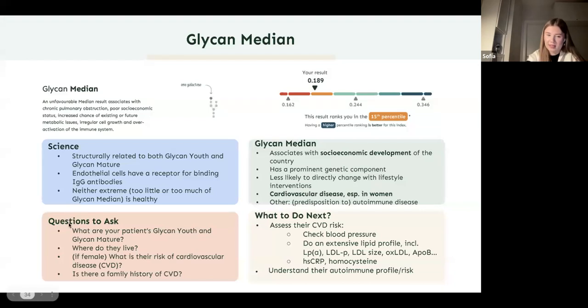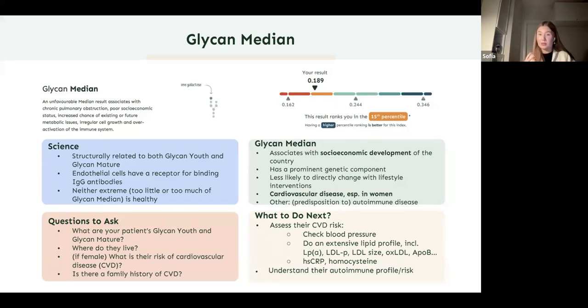The questions we would ask is first, what are your patient's glycan youth and glycan mature? We have to look at all of these indexes together because they are all very structurally similar. So for example, if we have a bad glycan youth, so we have too little of glycan youth, and we also have a low glycan median, this is a big red flag to us that there is something going on with the cardiovascular system.